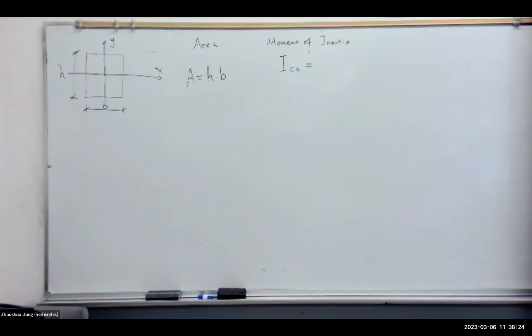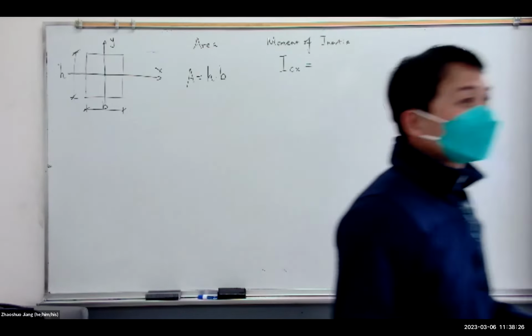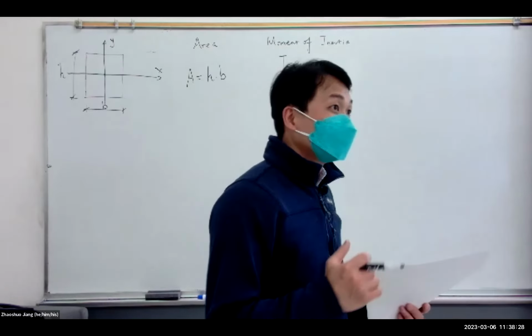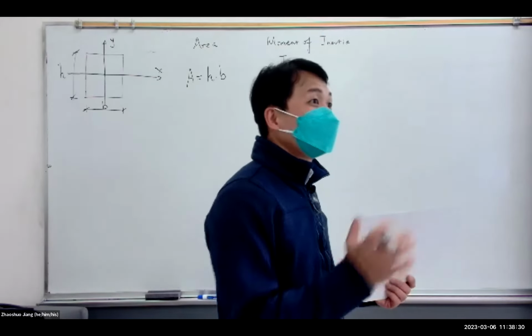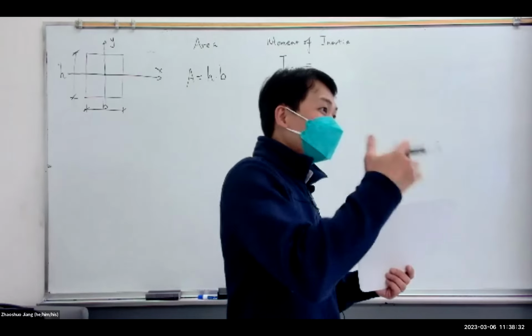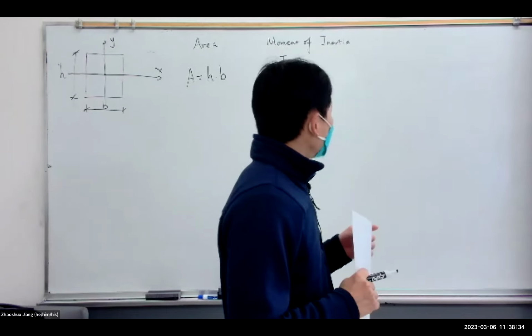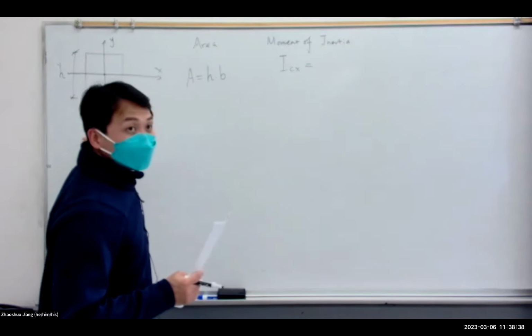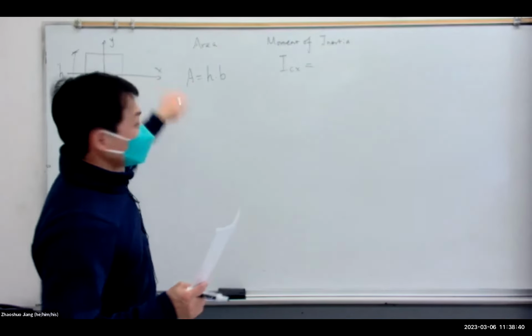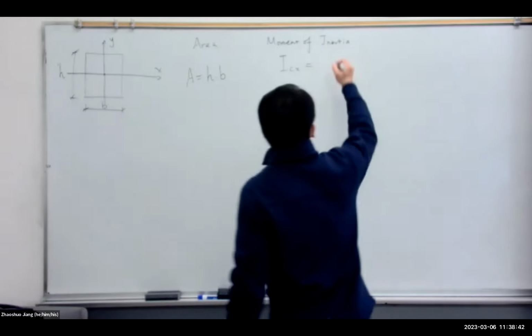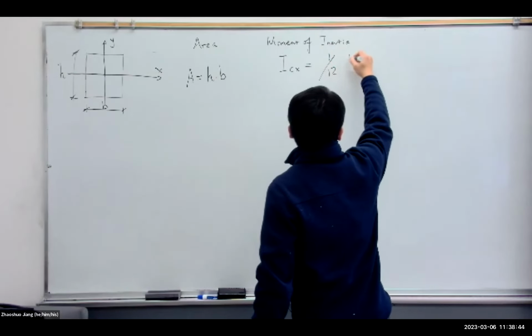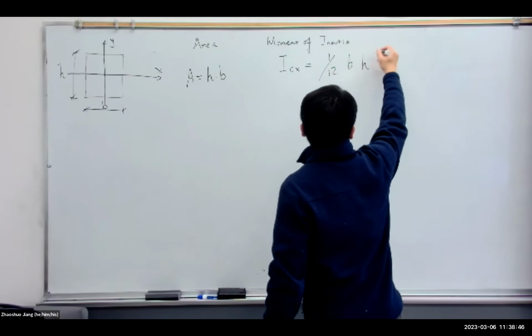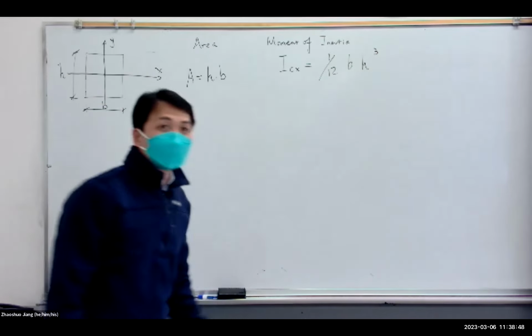So for this particular one, it's not 0, because if it were 0, that means you just cannot bend it, or it doesn't need anything. You just push it and then it'll keep rotating. But that's not the case. The moment of inertia for this rectangular section along the x-axis is 1/12 bh cubed. Hope that rang a bell.